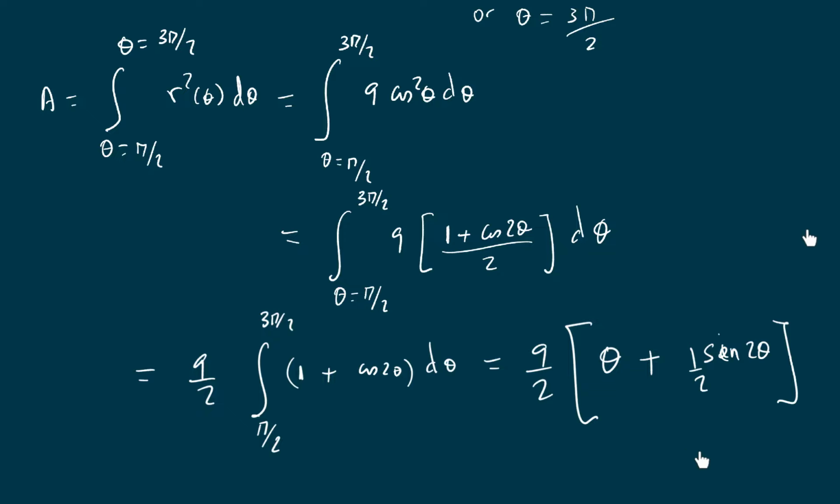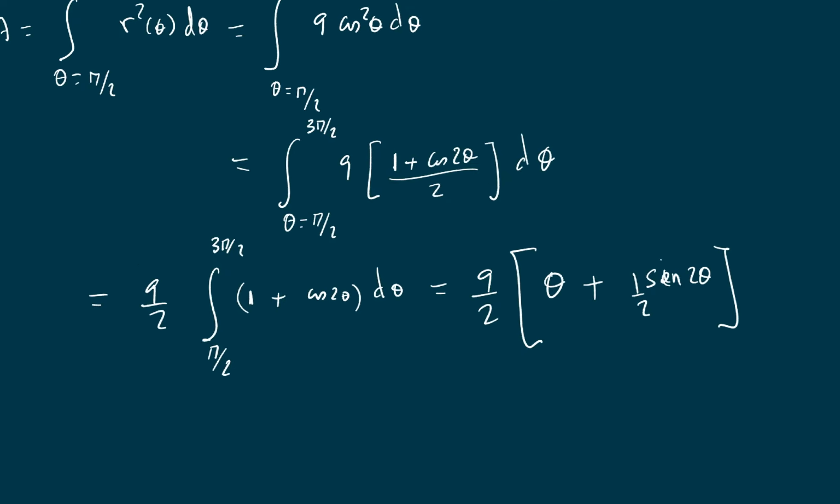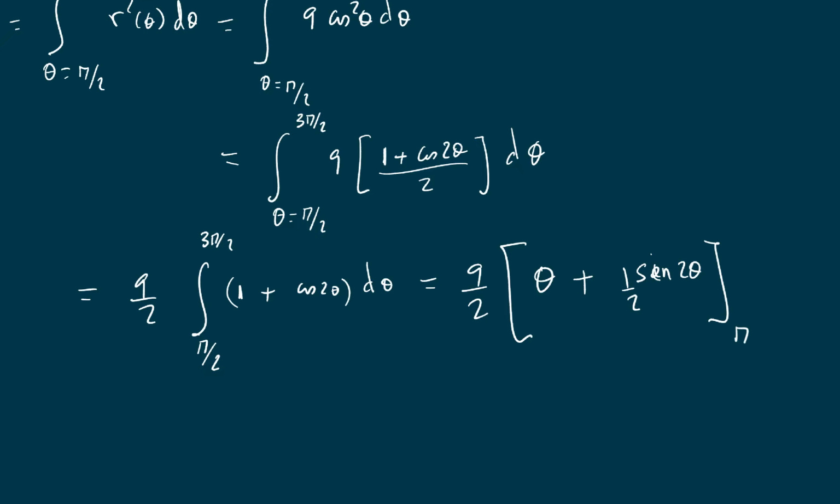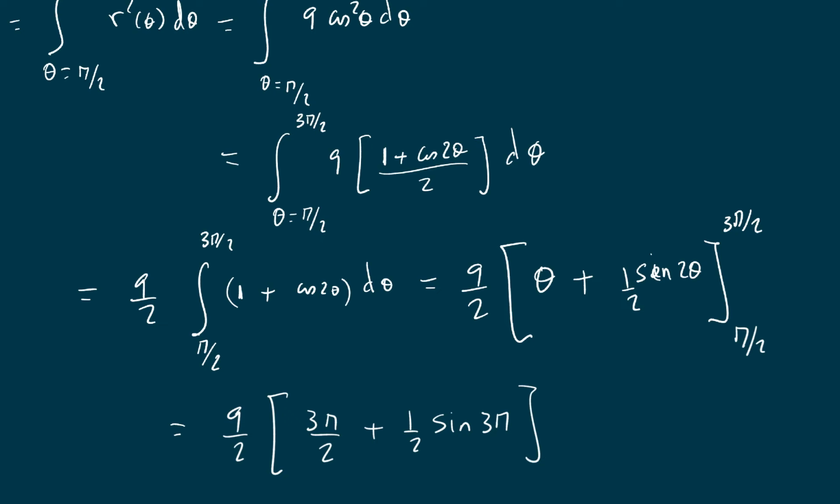Now I have to evaluate this result from pi divided by 2 to 3 pi divided by 2. So it would be 9 half, theta is 3 pi divided by 2, plus 1 half sine of 2 times 3 pi divided by 2, minus, open parenthesis, the evaluation at theta equals pi divided by 2.